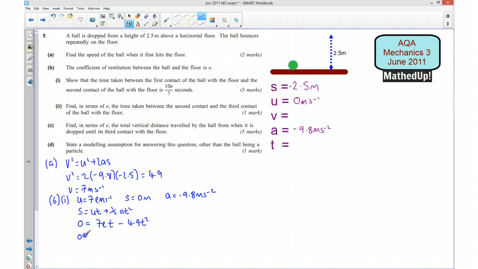Factorising that gives me t times (7e take away 4.9t).